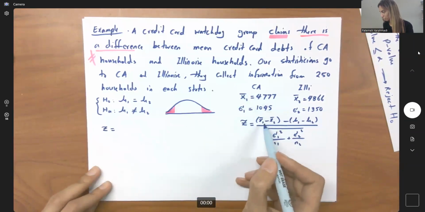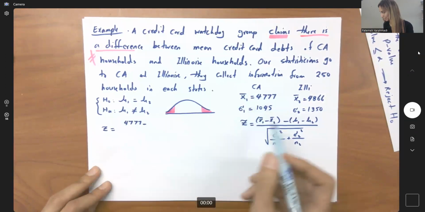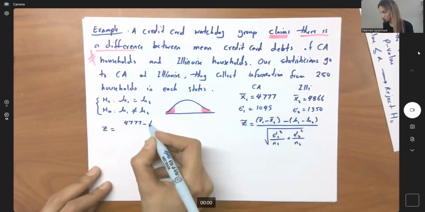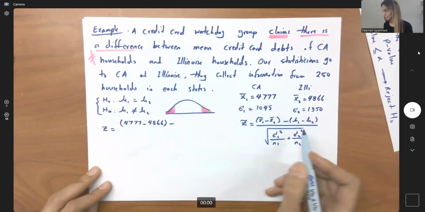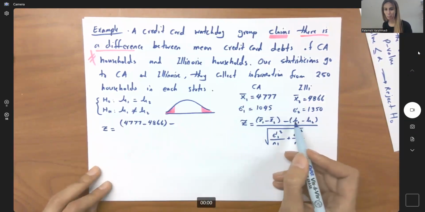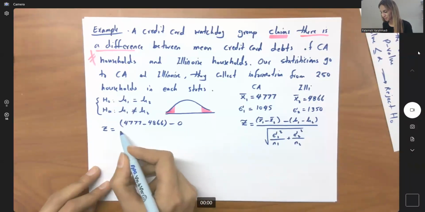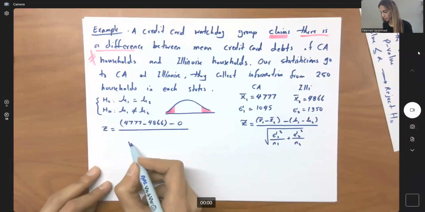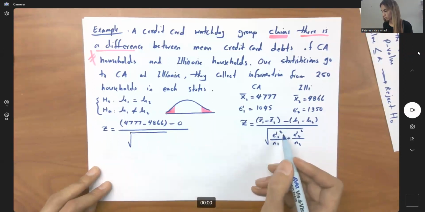So x1 bar is 4,777 minus x2 bar is 4,866 minus, it says the difference between the population means. The difference is going to be 0, divided by the square root of sigma sub 1 squared. Well, what is sigma sub 1?